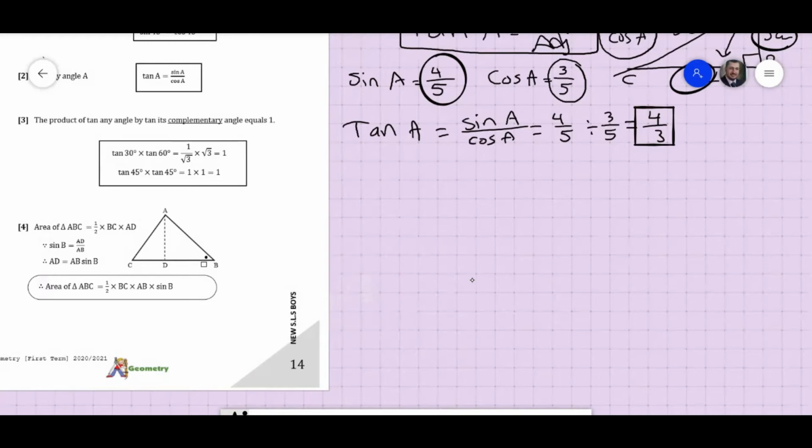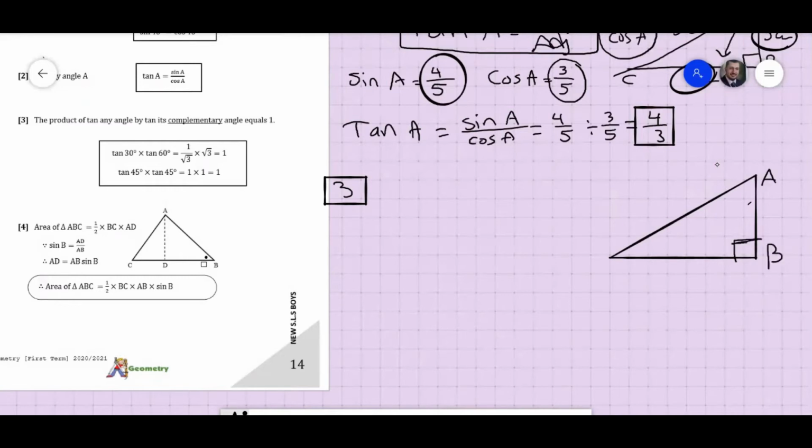By the same way, number 3, if I give you this triangle A, B, C, a right angle triangle at B. And I have this side 3 centimeters and this side 4 centimeters.